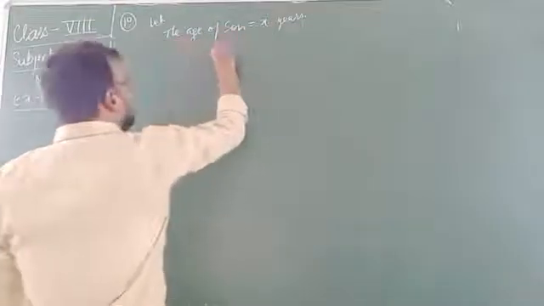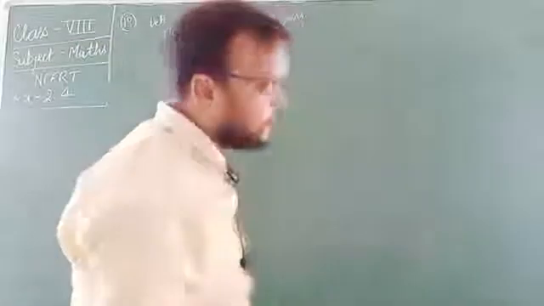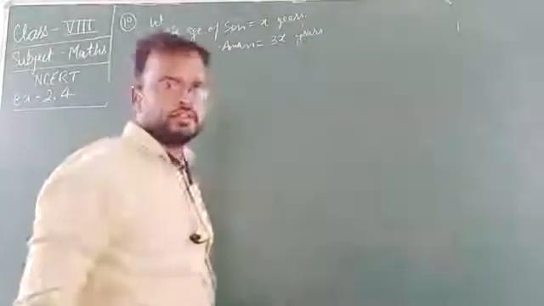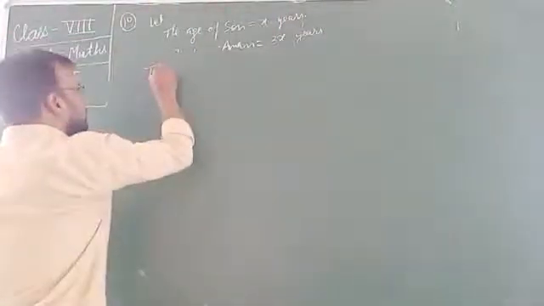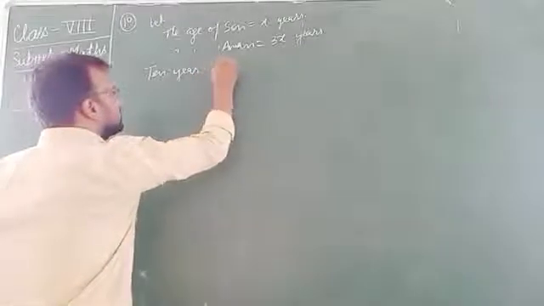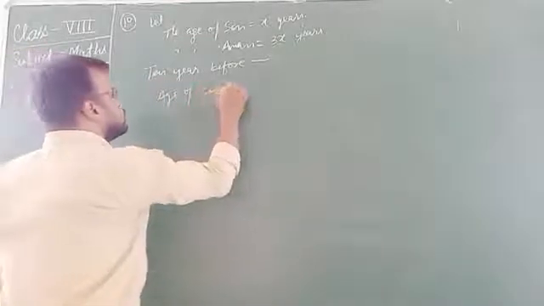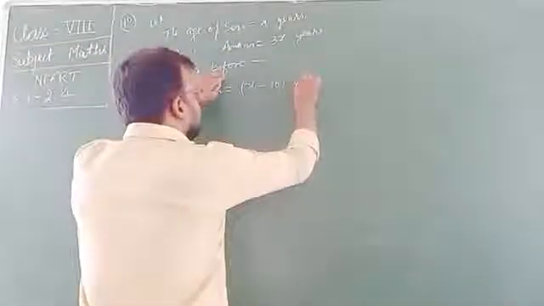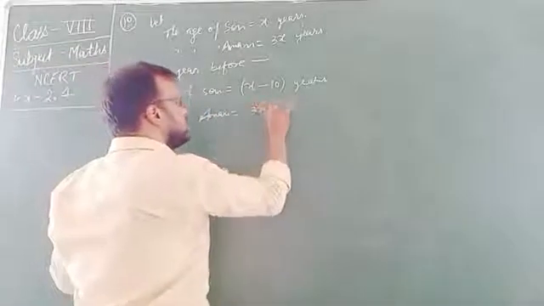So the age of Aman, 3 times, means 3x years. Age of Aman is 3x years. 10 years ago he was 5 times his son's age. Then we say here, 10 years before. Age of the son, who is x now, was x minus 10 before. And the age of Aman 10 years before was 3x minus 10.